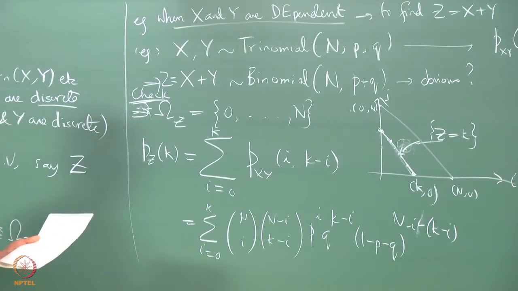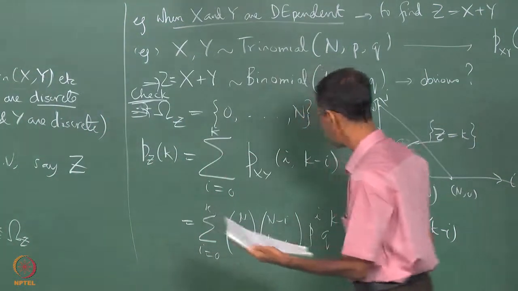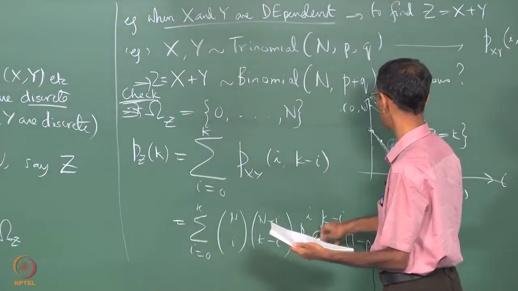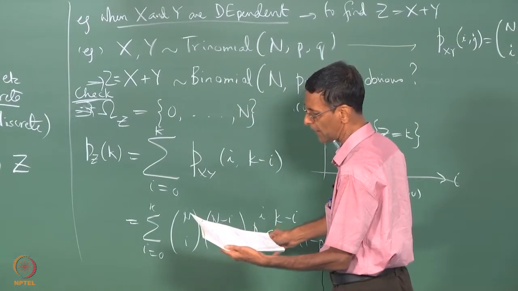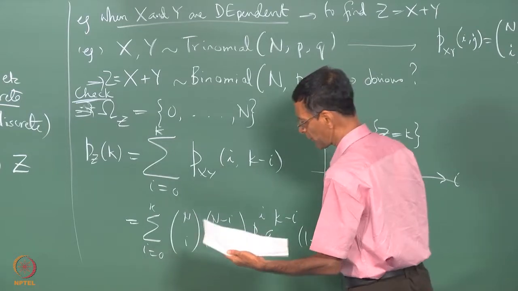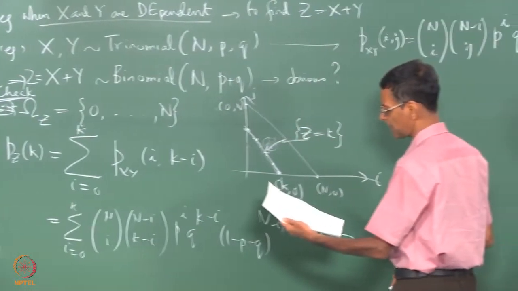And then I have here p by q power I, this q power k can come out, n factorial. Let me skip some steps and write this.